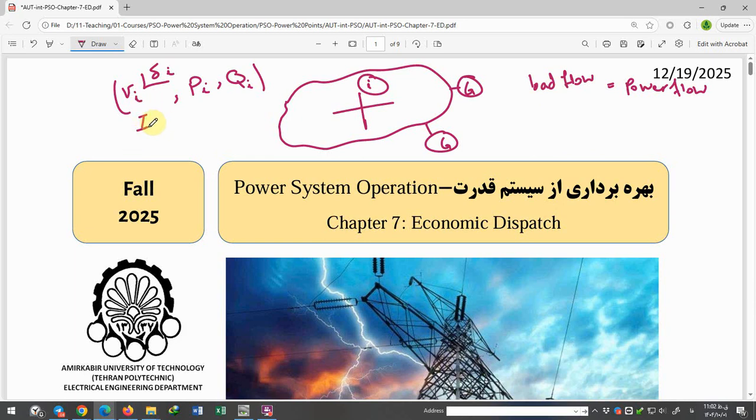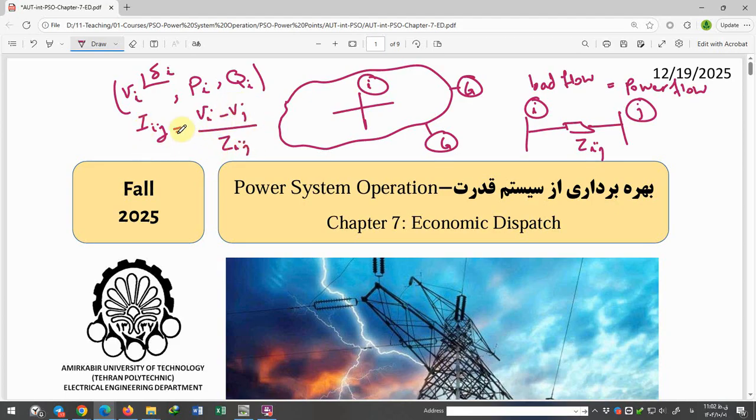Current flows from bus I to bus J. For example, this is bus I, Z_IJ connects bus I with bus J, and for finding the current flowing from bus I to bus J, I equals (V_I minus V_J) over Z_IJ.